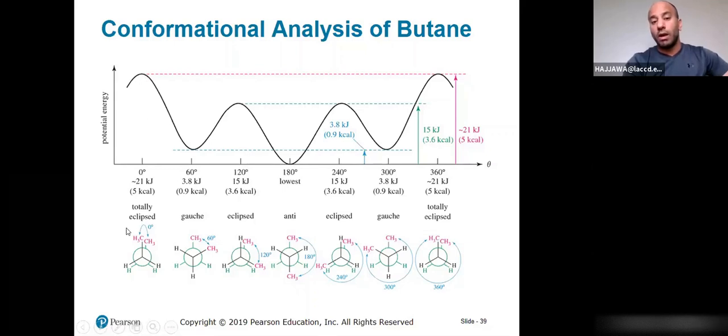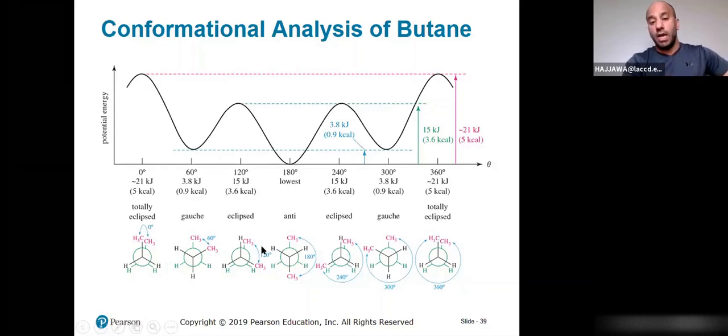Because of the steric interaction between the two methyl groups, which gives the molecule a high energy value and less stability. So next will be a 60-degree rotation, having the staggered, which is gauche in this case. This will be much more stable than the total eclipse, less energetic.